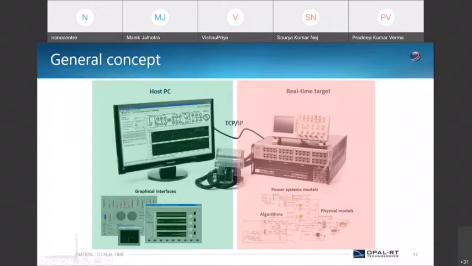We can develop simulations on the host PC, and this host PC is connected to the simulator through a LAN cable. This is where the flow of information will be transferred between the host PC and the real-time target. This is just about the physical connection we need to make.